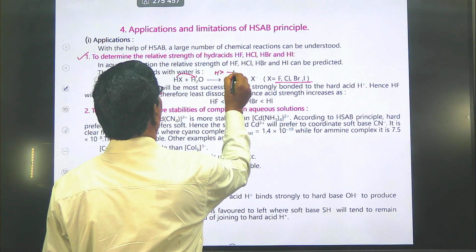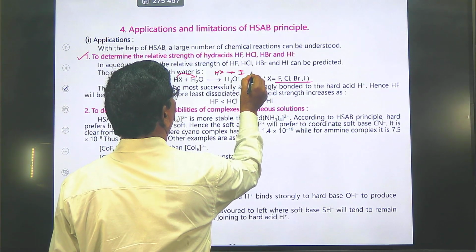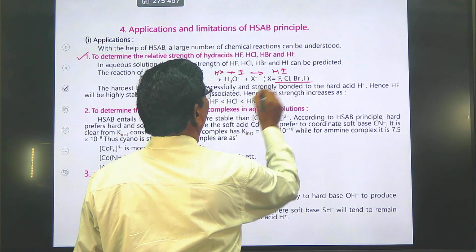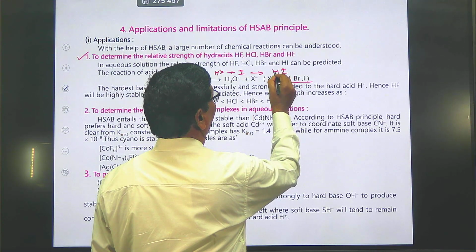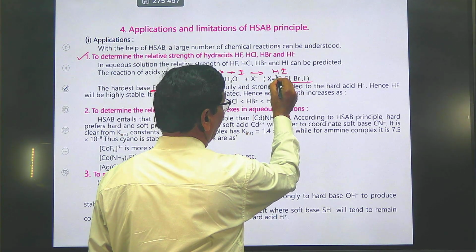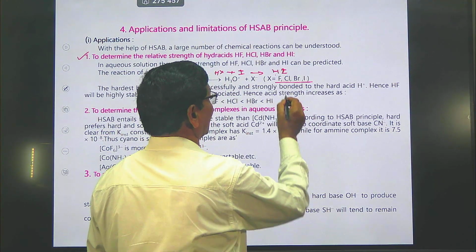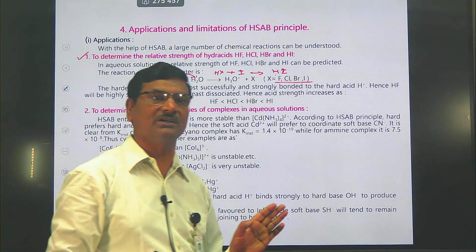Next, suppose you take H plus with I minus; here HI formation takes place. But hydrogen is a hard acid and iodine is a soft base. That's why the combination is an odd combination. It cannot obey the Pearson rule.